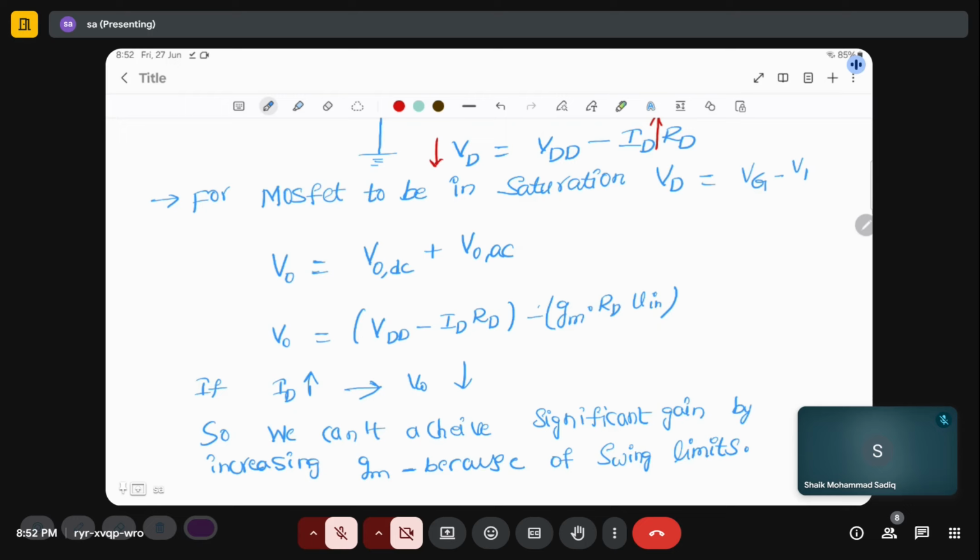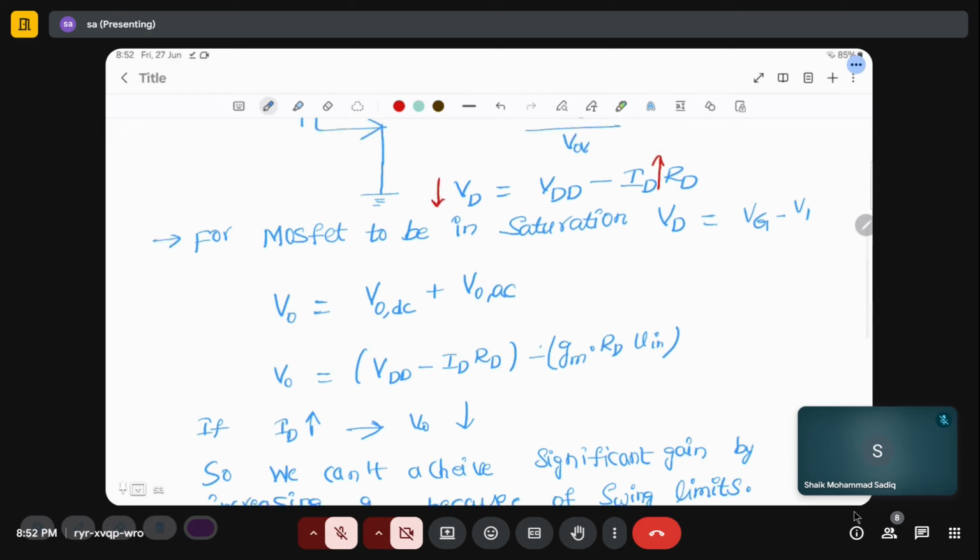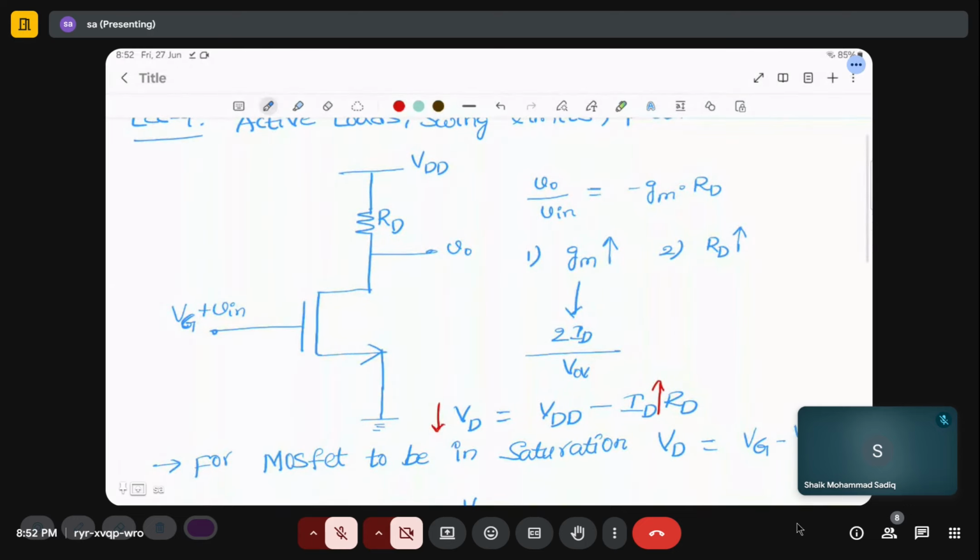What can I do to improve the swing limits? Can I increase VDD? What happens if I increase VDD? VD increases.